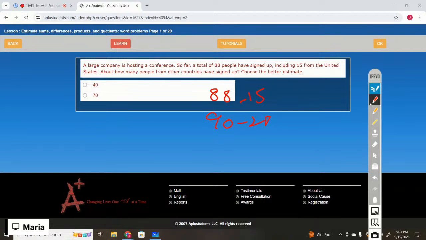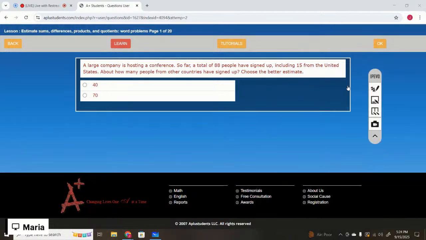So 90 minus 20 is 70. Option number 2 is the correct option.